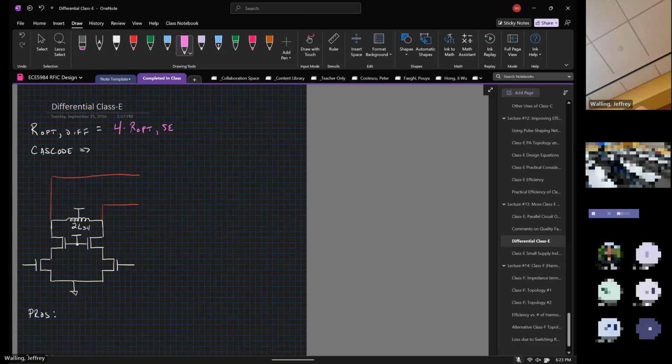If I want to deliver the same output power to a differential load, I can have an R opt that's 4 times bigger than if I was delivering it to a single-ended load. So that's good. I can still cascode, and I probably still want to cascode because I want to distribute voltage stress.